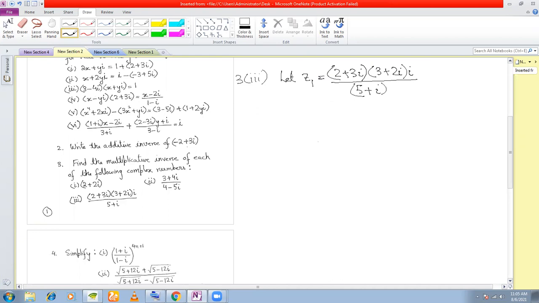Okay. Now, before finding out the multiplicative inverse, just simplify this a little.